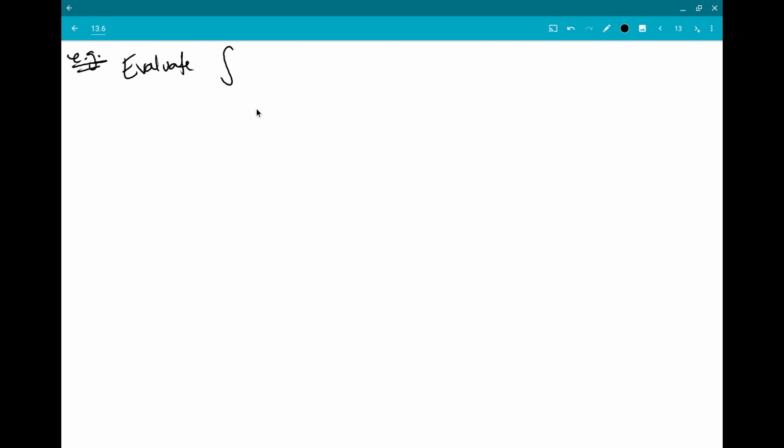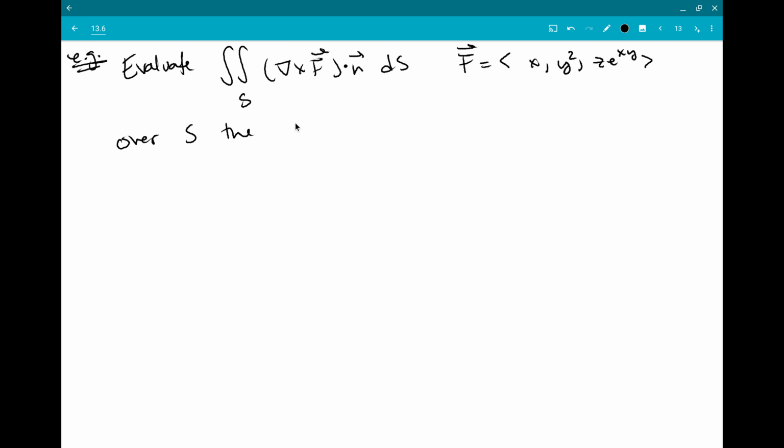So we're going to try to evaluate the surface integral of the curl of the function f equal to x y squared z e to the xy over S, the outward oriented portion of z equals 1 minus x squared minus y squared above z equals 0, or above the xy plane.